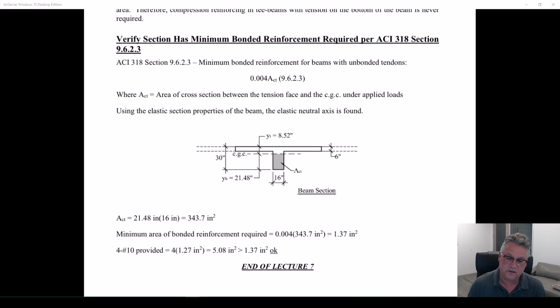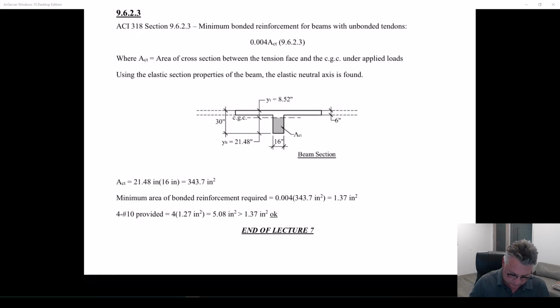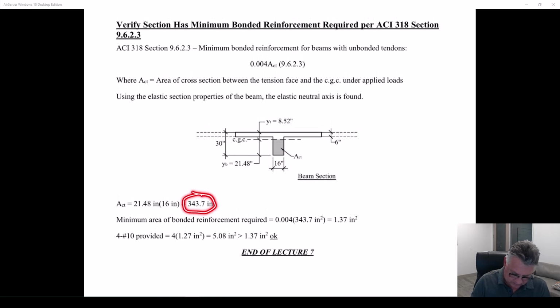That's not the plastic C value that you calculated. This is the center of gravity of the concrete section. It's what the code says to do, so that's what we do. In this case, ACT, 343.7 square inches. Minimum amount of steel required, 1.37 square inches.